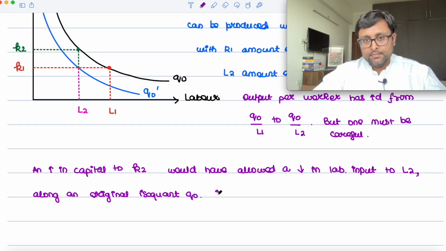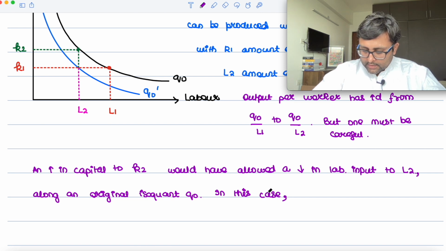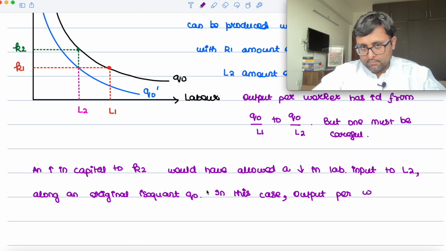In this case, output per worker has increased. Output per worker has increased, but there is no technological progress when you're using more capital.